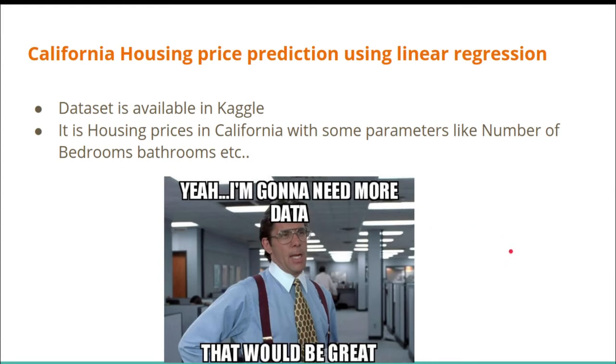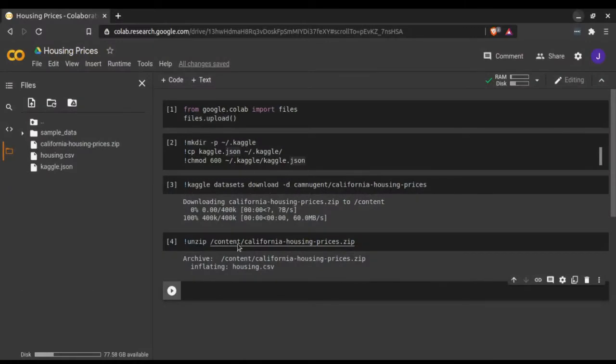One rule in the field of machine learning applies here: the more data, the more accurate your prediction is, because we can learn from more examples. Let's move to our project: how we will predict the house prices of this California dataset.